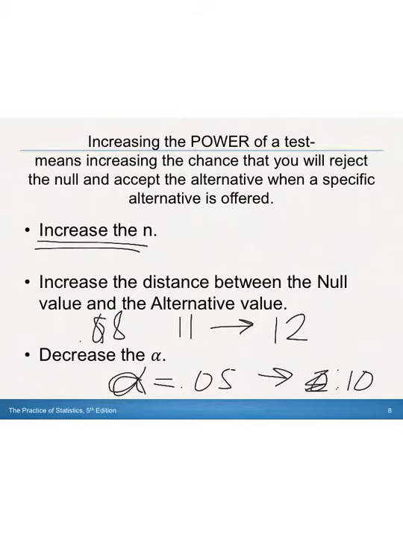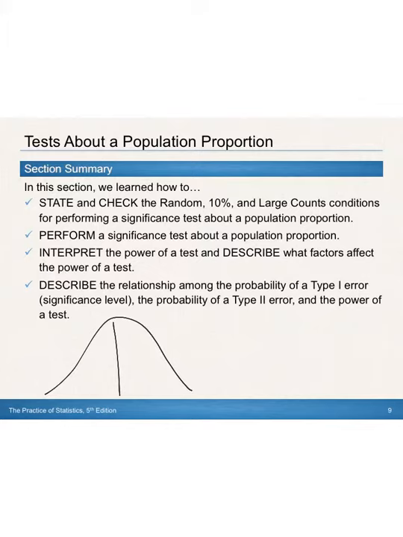Okay, so now we know how to run a one sample z-test on population proportions, what we need to check ahead of time, what happens when our p-value is below or above our alpha level, even what we're looking for when we lower our alpha level or increase our alpha level. The second part has to do with the power of the test.